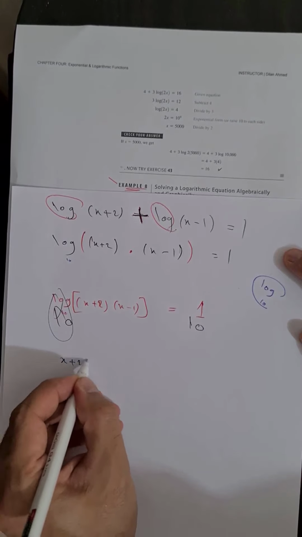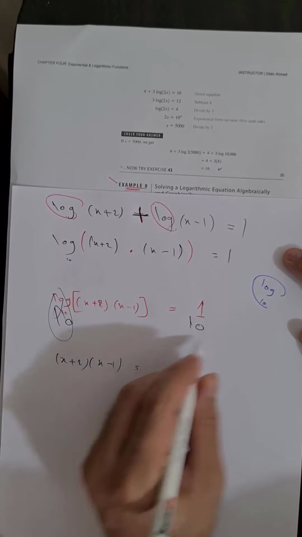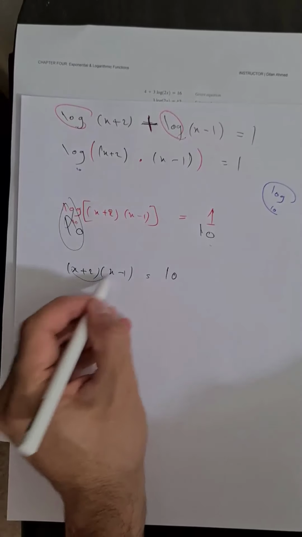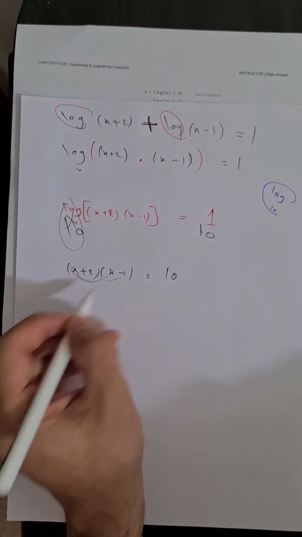So x plus 2 times x minus 1 is equal to 10 to power 1, which is 10. So I am going to solve this example as a quadratic equation. So I will multiply this out.